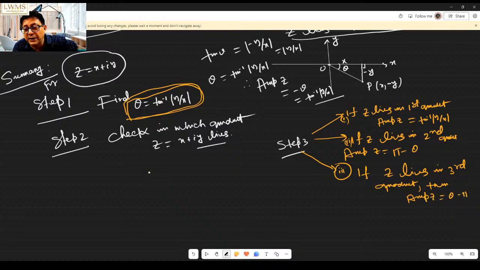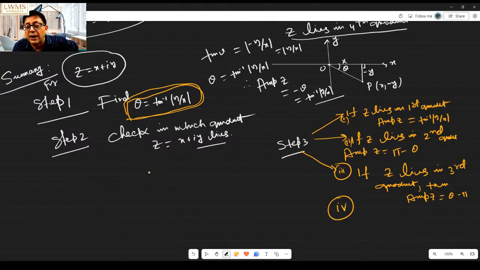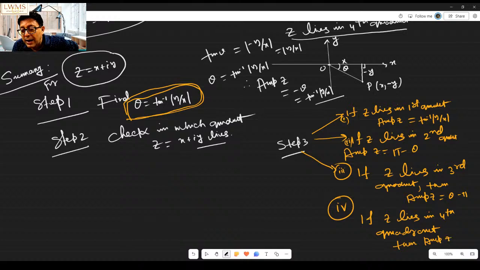Theta minus pi. And number 4, if z lies in the fourth quadrant, then amp z equal to minus theta. Clear?